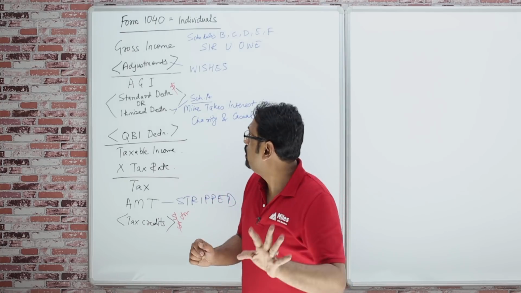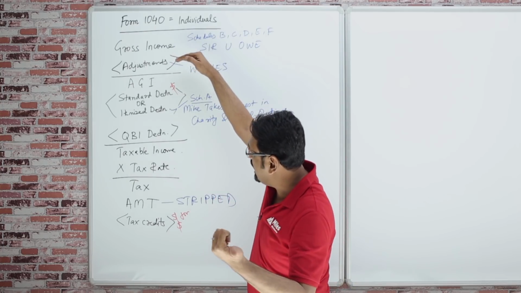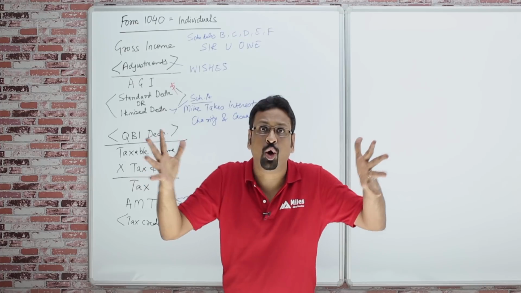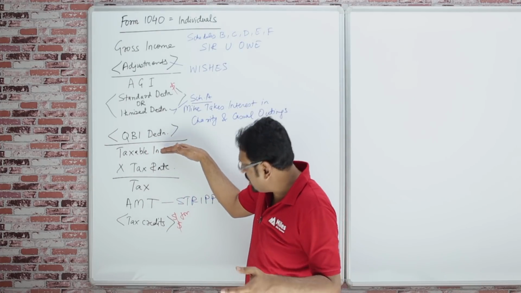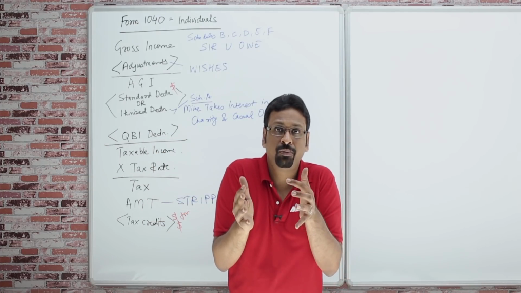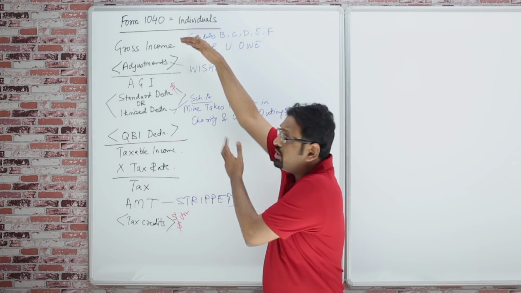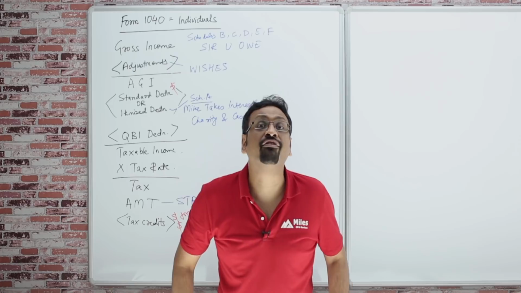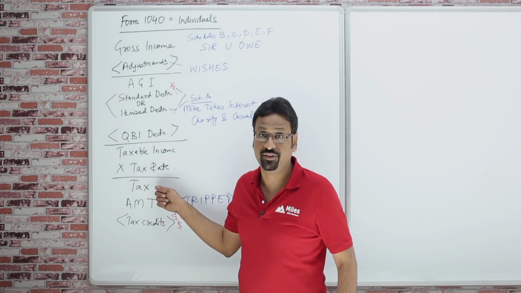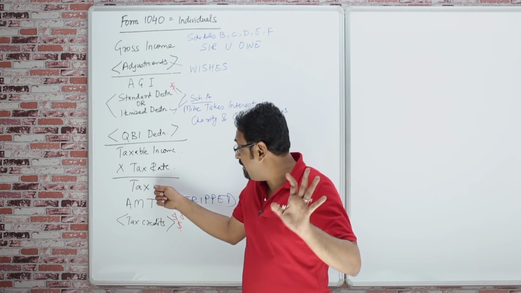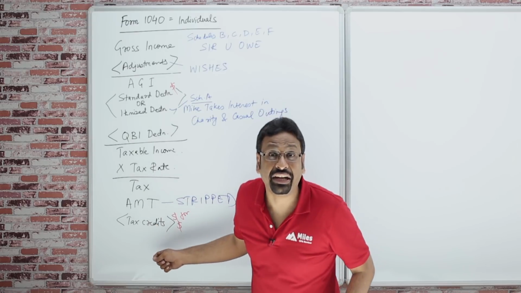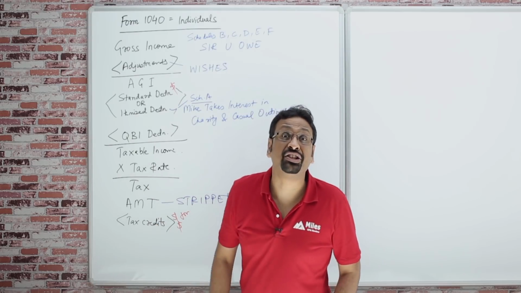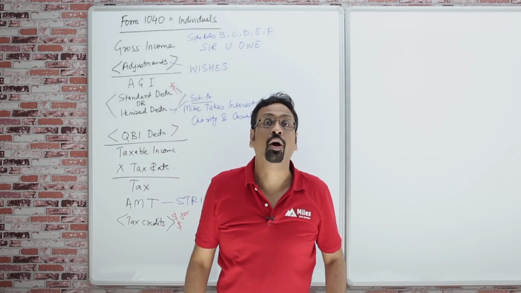So guys, note, deductions, above the line, below the line, help you reduce your taxable income, which in turn helps you reduce your taxes. As I said, a $1,000 deduction at a 35% tax slab rate would help you save $350 in taxes. But if you have a $1,000 tax credit, it would reduce your taxes by the full $1,000, a dollar for dollar reduction.